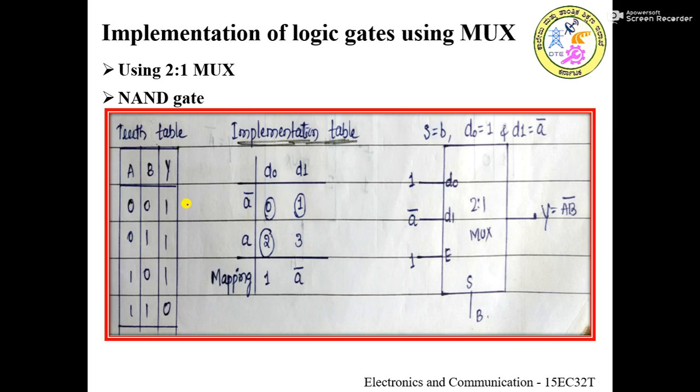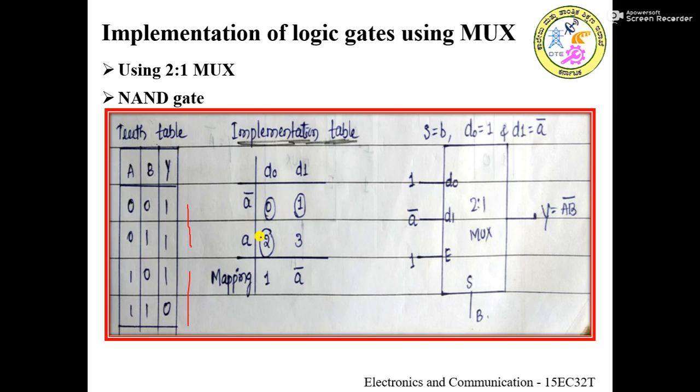You can see here for the first two combinations it is A bar. For the next two combinations it is A. We write the decimal equivalent of the input combinations, that is 0, 1 and 2, 3. So for the first three combinations it is 1 and for the last decimal combination it is 0.